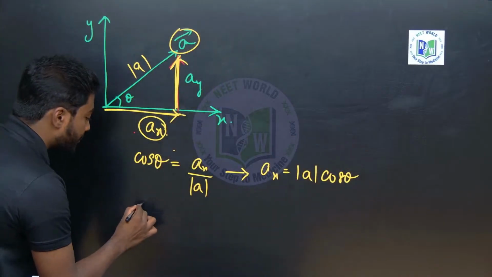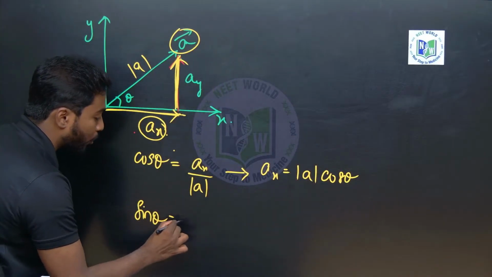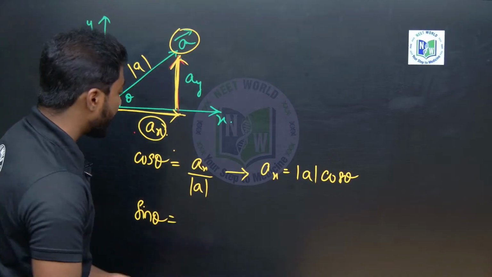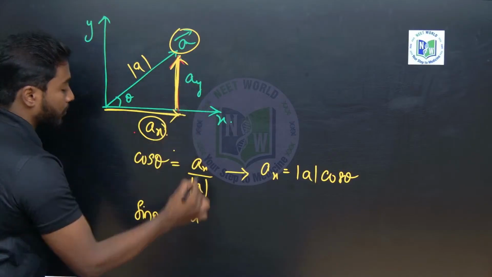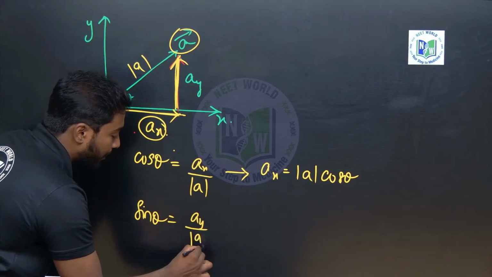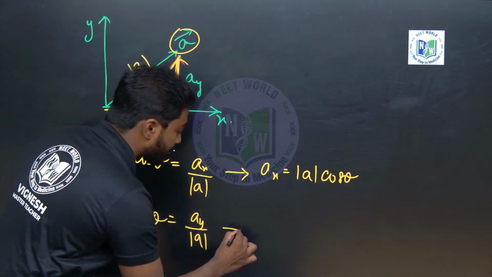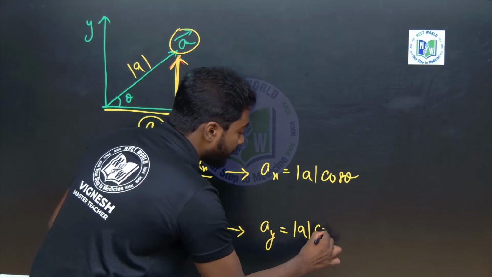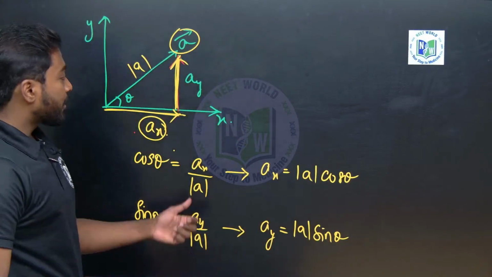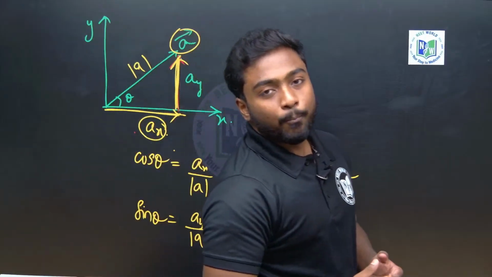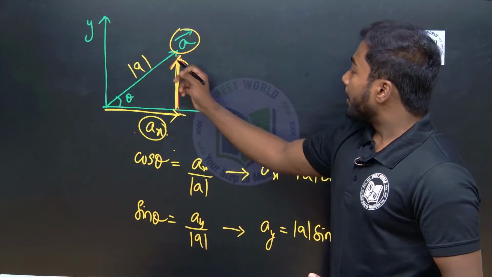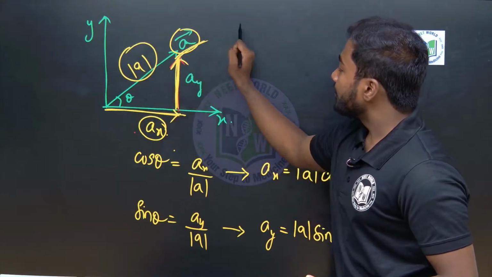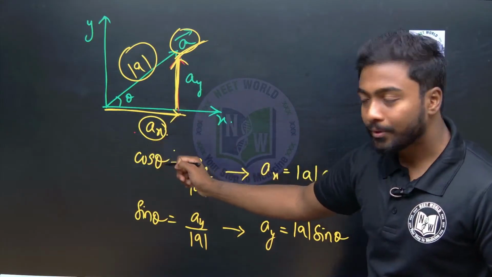Then sin theta is opposite by hypotenuse, that is ay by magnitude of A, which gives ay equals mod A sin theta. Understood? This is how we take the components of vectors, ay and ax.